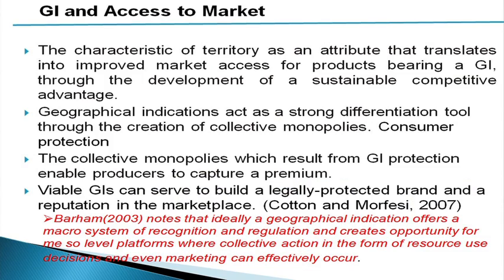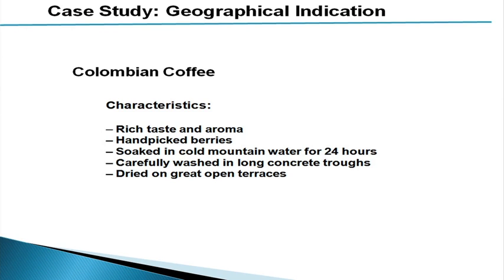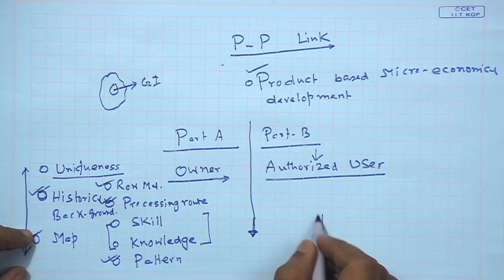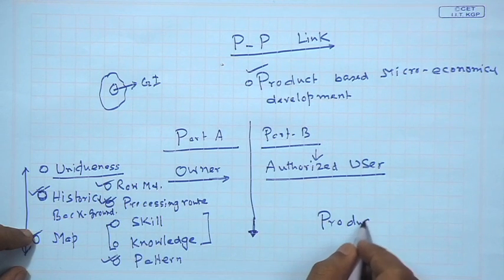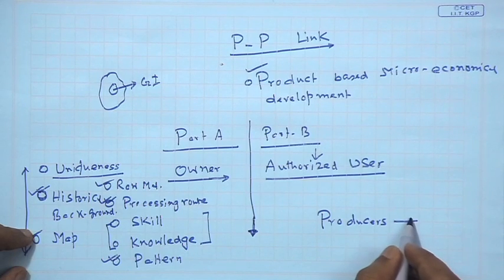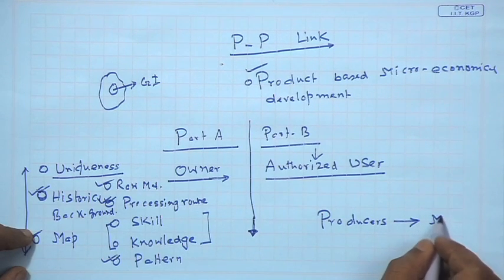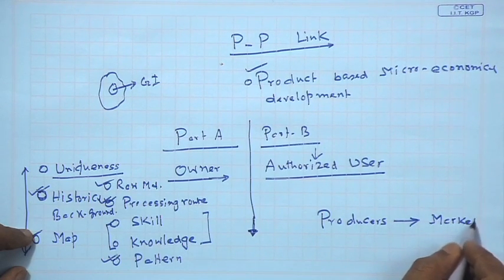Okay. So, legal protection of GI is required for market access. It will ultimately facilitate the producers. Facilitate whom? Producers, for market access. Why?